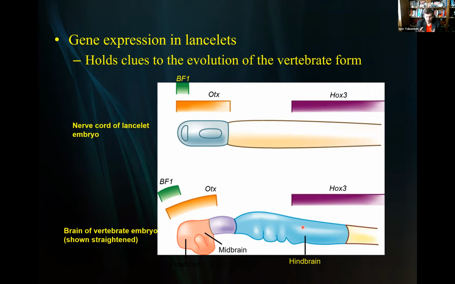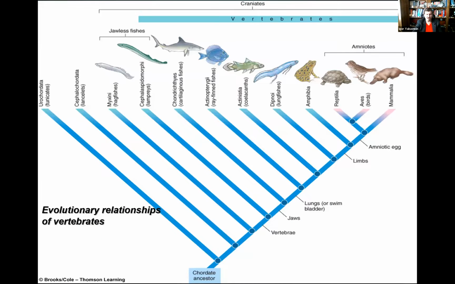All right. So those particular Hox genes in the lancelet and in vertebrates are identical, meaning that we had a common ancestor. And yeah, Hox genes are quite interesting. So here we go. Let's take a look at those particular chordate ancestors.